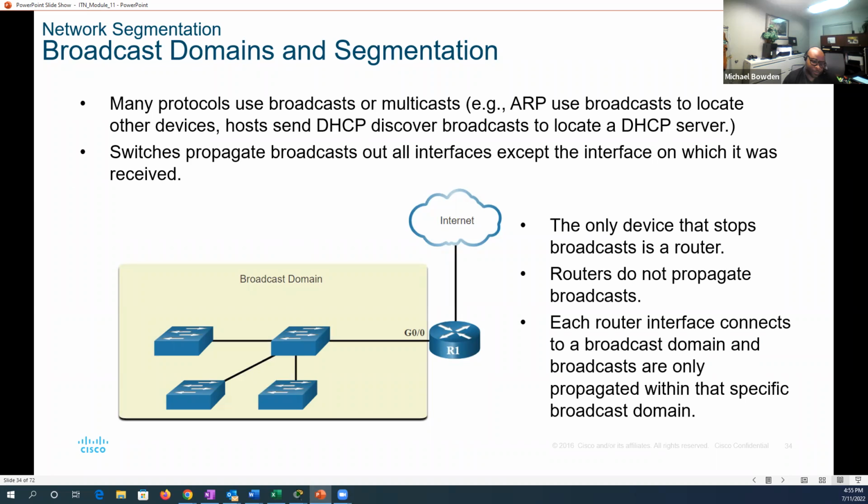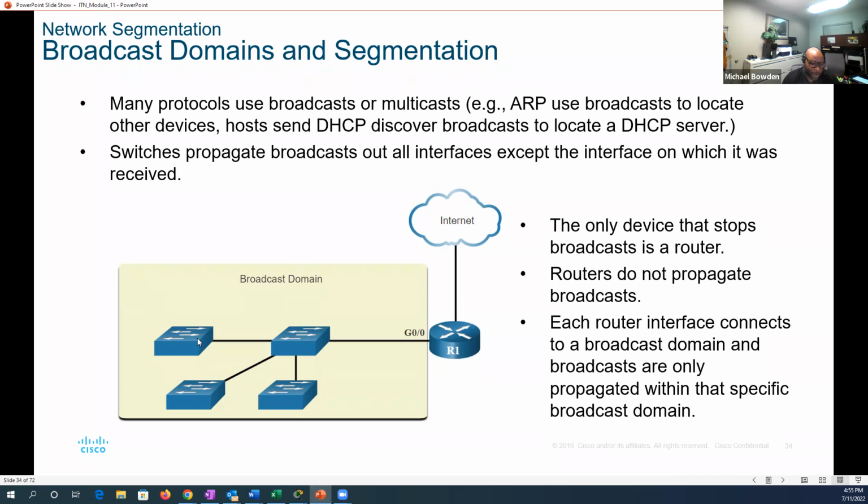When a host is connected to this switch, it boots up, it tries to reach out to get an address from a DHCP server. So that sends out a broadcast. So when that PC sends that broadcast for that address, it's going to send out that broadcast out of all ports on the switch, except for the port that the PC was connected to.